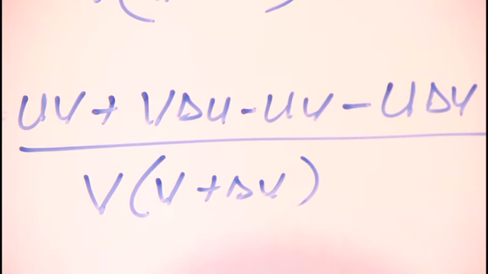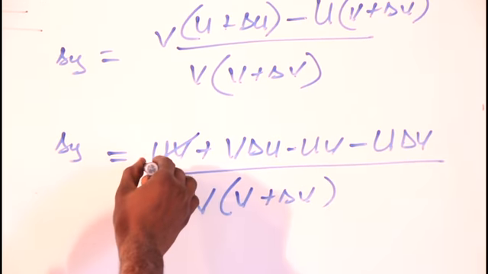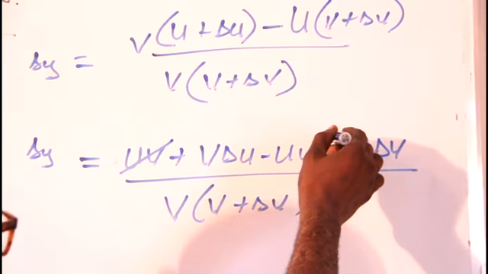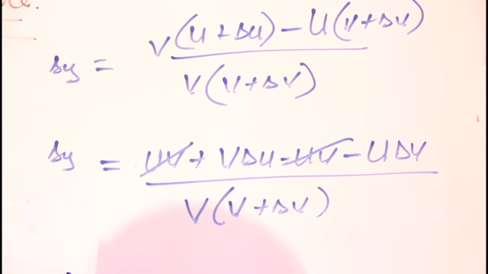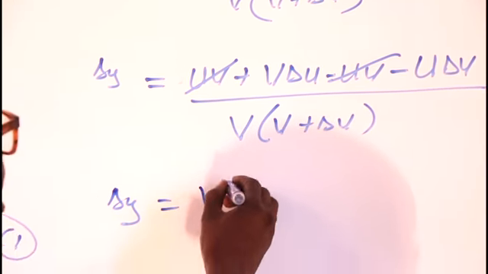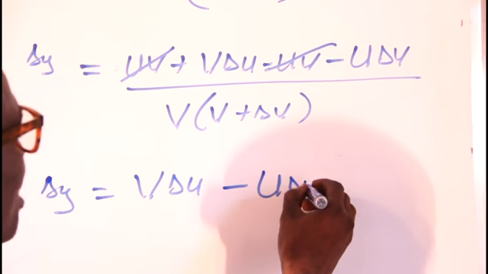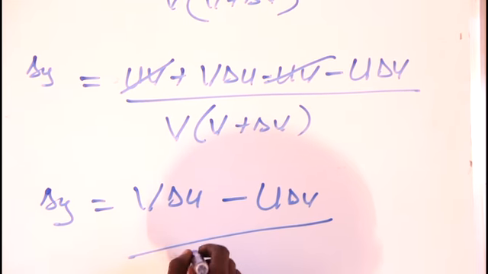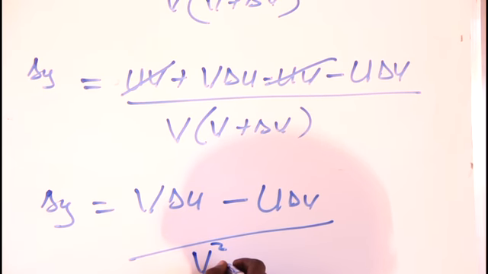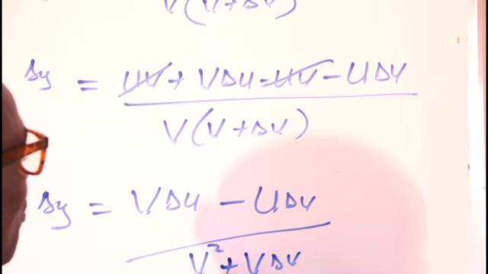If we are working it, please check out the numerator very well. You discover that this is a number and its additive inverse, so it will go. We'll end up having change in y equal to v change in u minus u change in v all over, then we'll expand this. That will give us v squared plus v change in v.